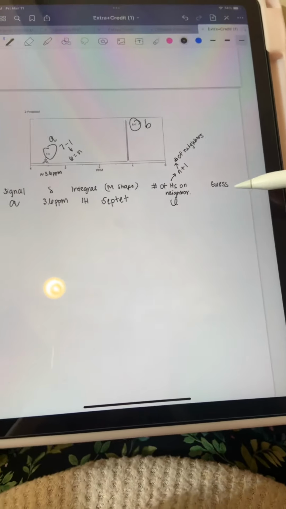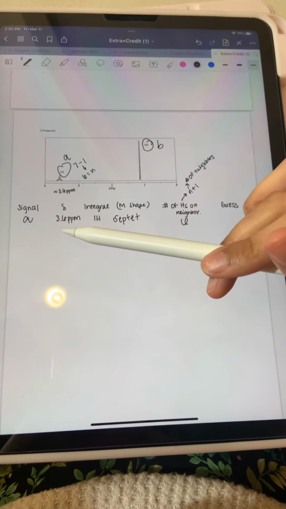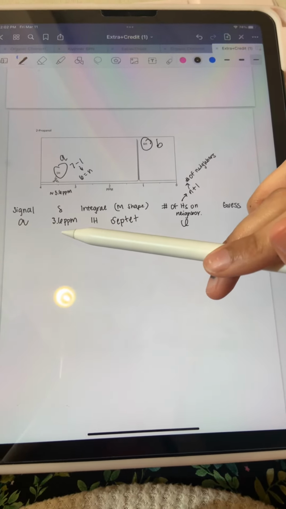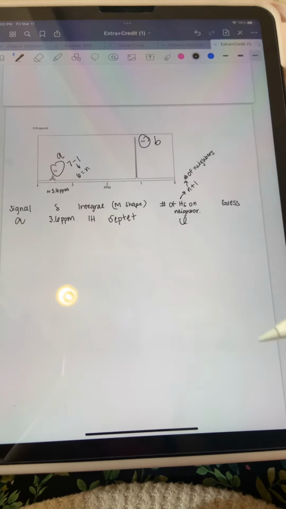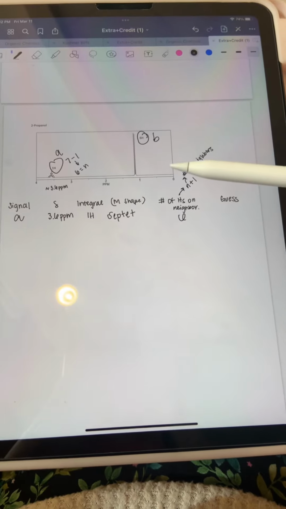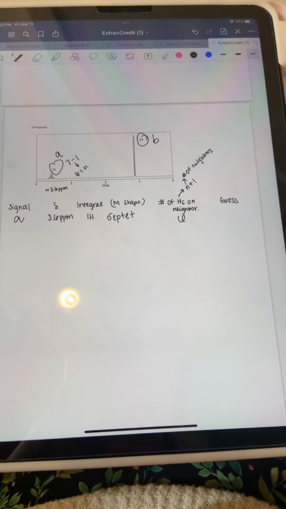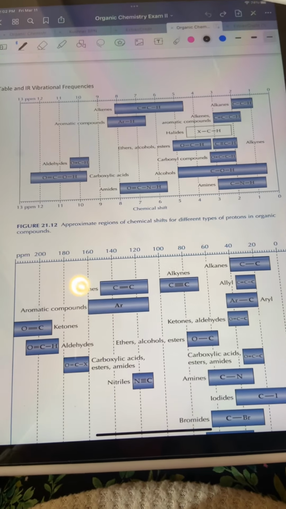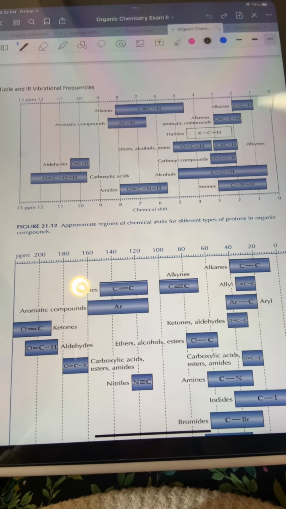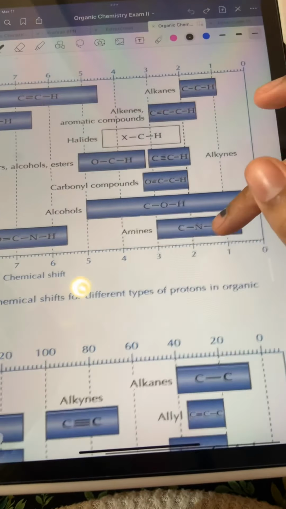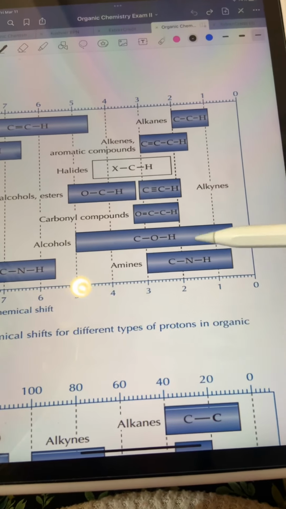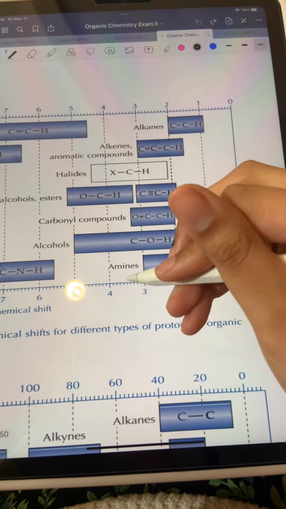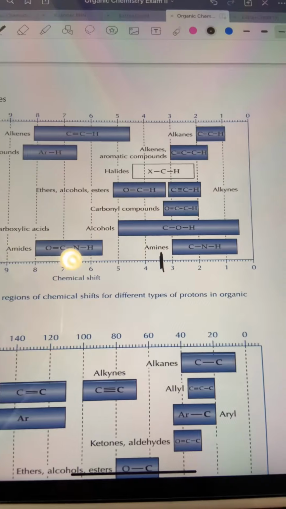And so in order to find the guess, we're going to go back to the position of the signal here, 3.6 ppm, and we're going to look at a chart that is going to be given to you whenever you're discussing spectra. Okay, so this is the chart for HNMR, and as you can see here, around 3.6 ppm is going to be right about here.